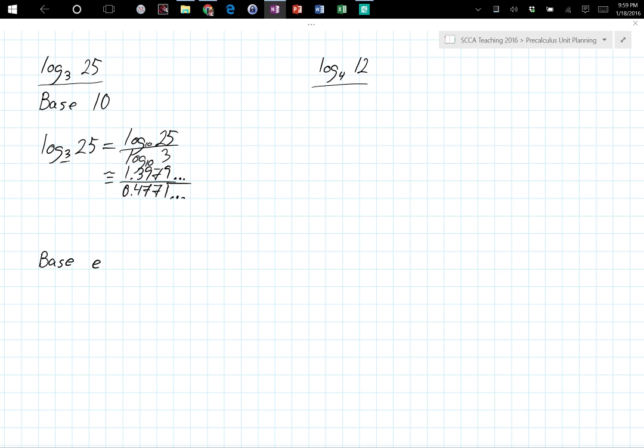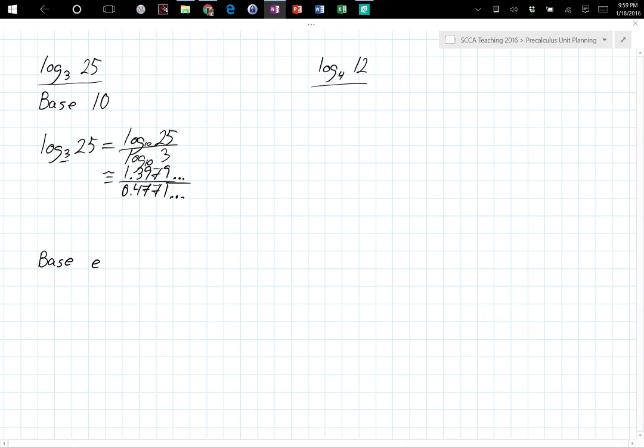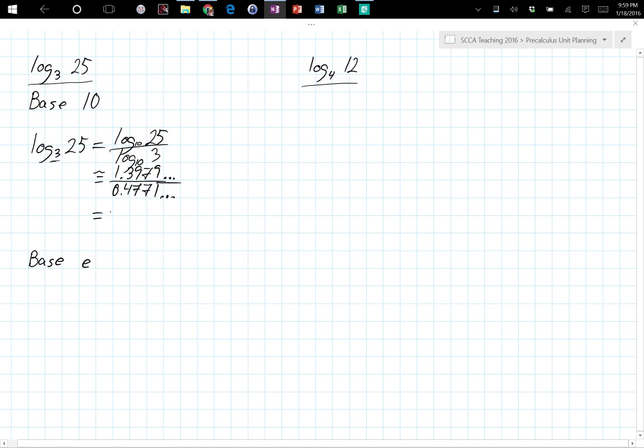Let's take this division, log of 25 divided by log of 3. And I get approximately 2.9300. All right, so that is the logarithm.